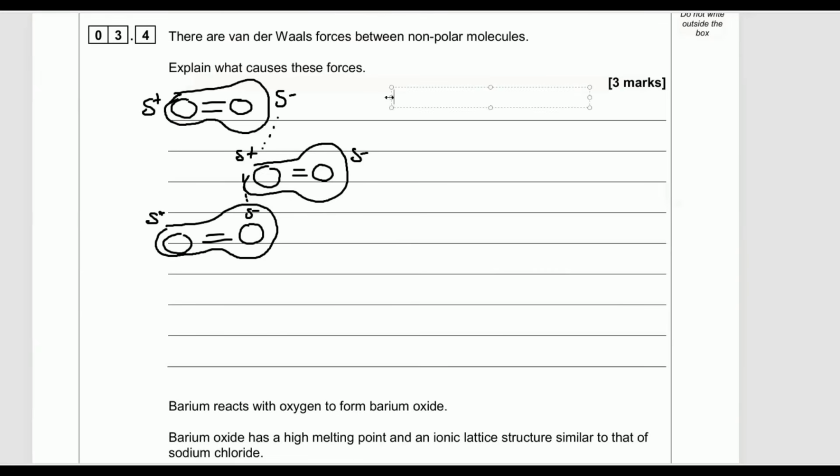So we're going to say, and this is the first mark, the random movement of electrons causes one atom to be delta negative. Could just say a dipole to form, couldn't I? But I'm being long.